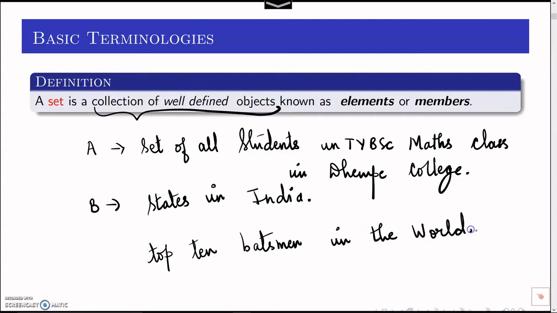According to different people, this collection is going to be a different one. So this is not a well defined collection, and I won't call it a set. Such collections we don't consider as sets. So by sets I mean collection of well defined objects.